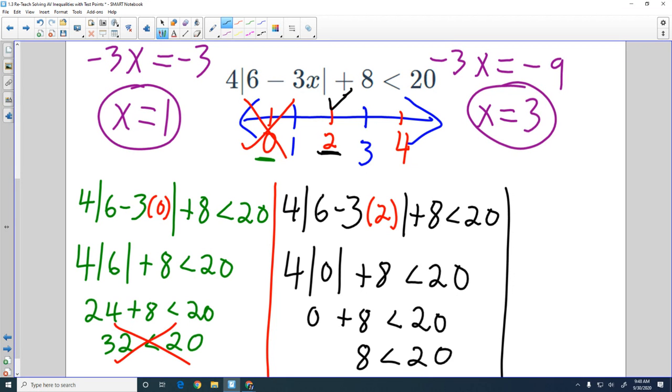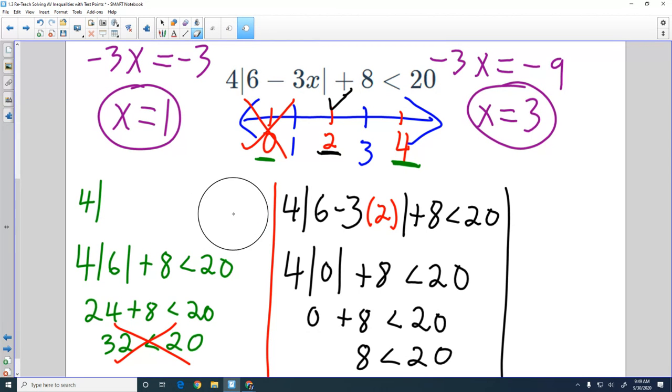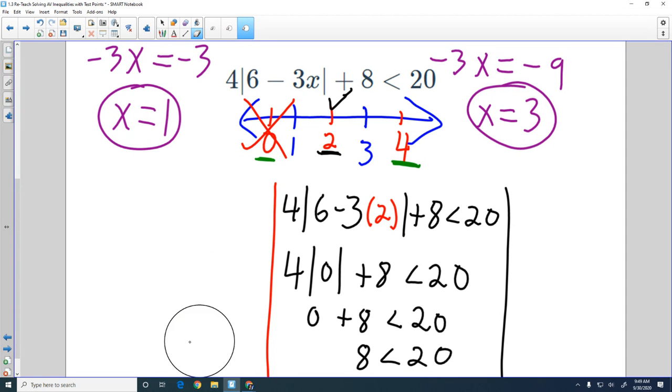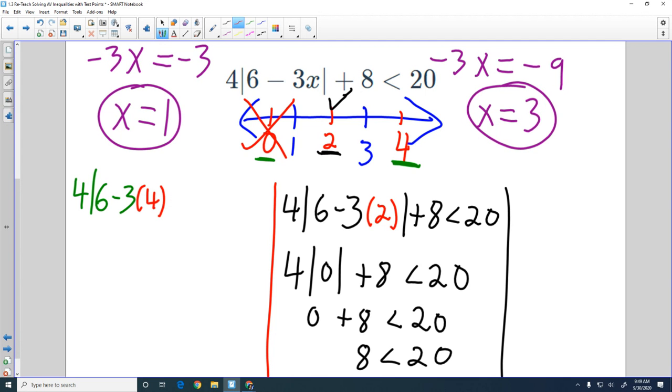Last, we've got to check out that number on the right, which is a 4. So I'm going to plug a 4 in for x, and I am kind of running out of room, so let me work that out over here. And again, this is being recorded, so if I am going kind of fast, you can always rewatch it later. So we've got 4 times the absolute value of 6 minus 3 times 4 plus 8 is less than 20.